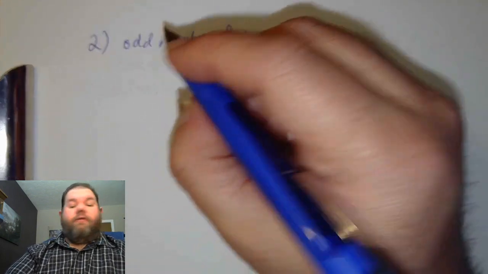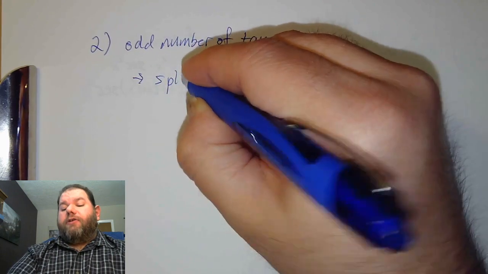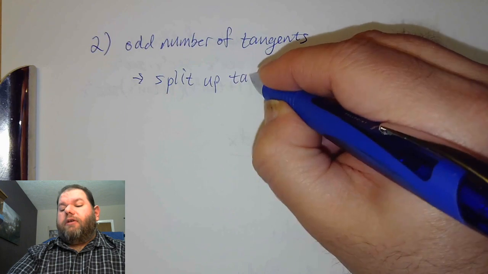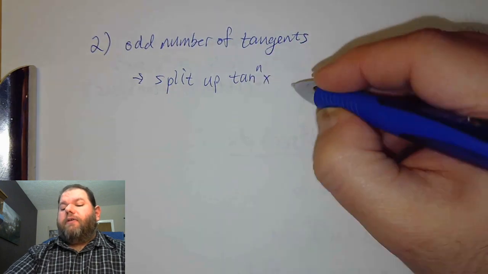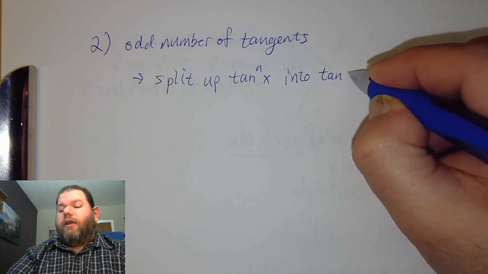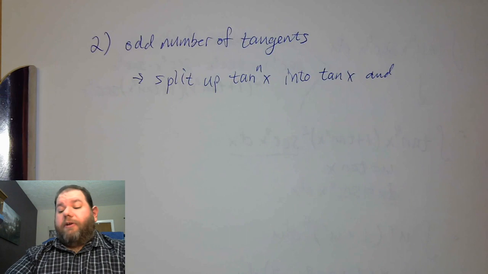If we have an odd number of tangents, we again split up tangent to the n of x into tangent x and as many tangent squares as we can get.